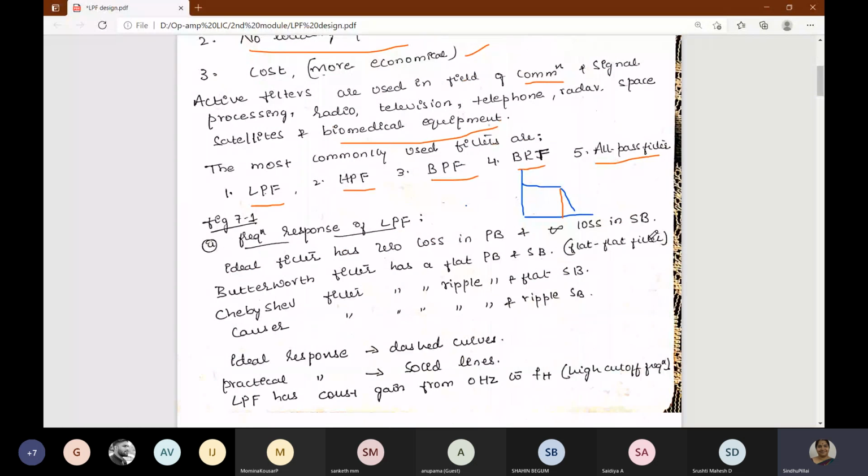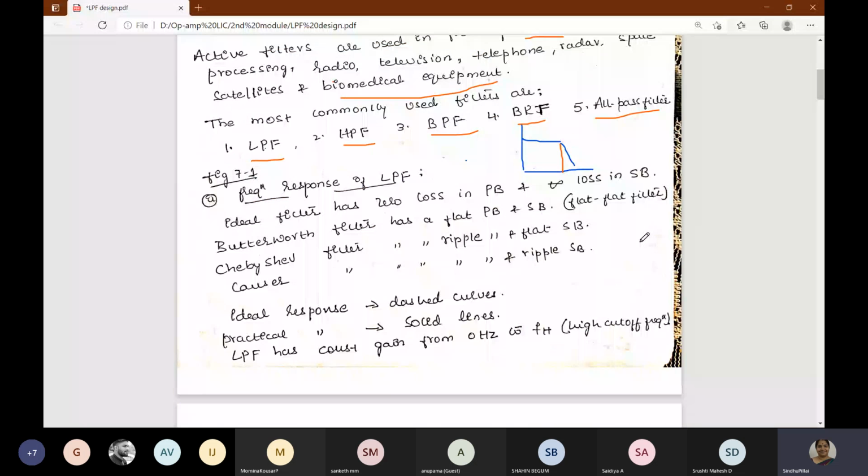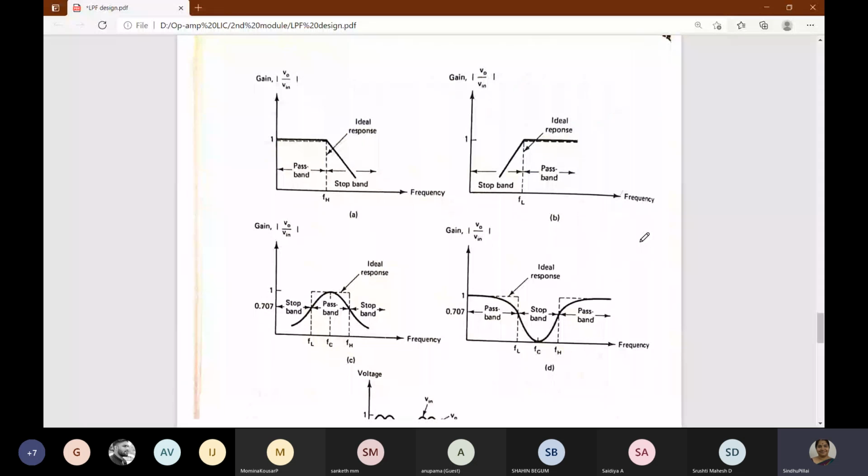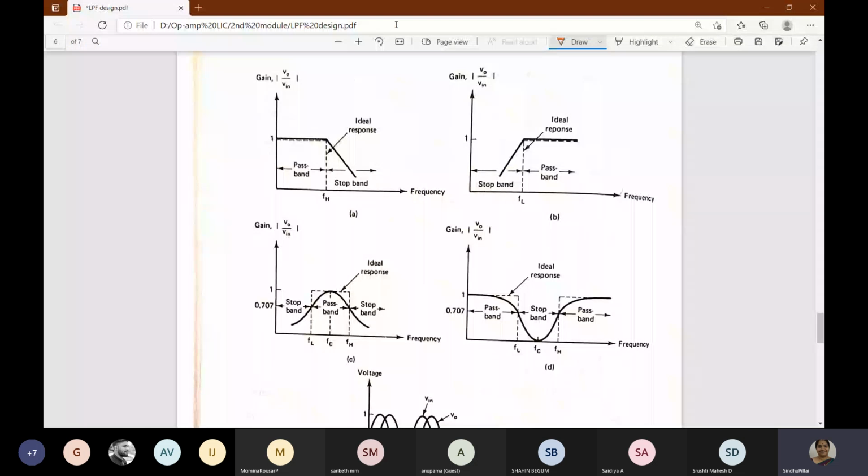Before coming to the notes, we'll first see the diagram for the low pass filter, then you will understand what the frequency response is. So these are the important frequency responses. The first one, figure A, represents the low pass filter frequency response.